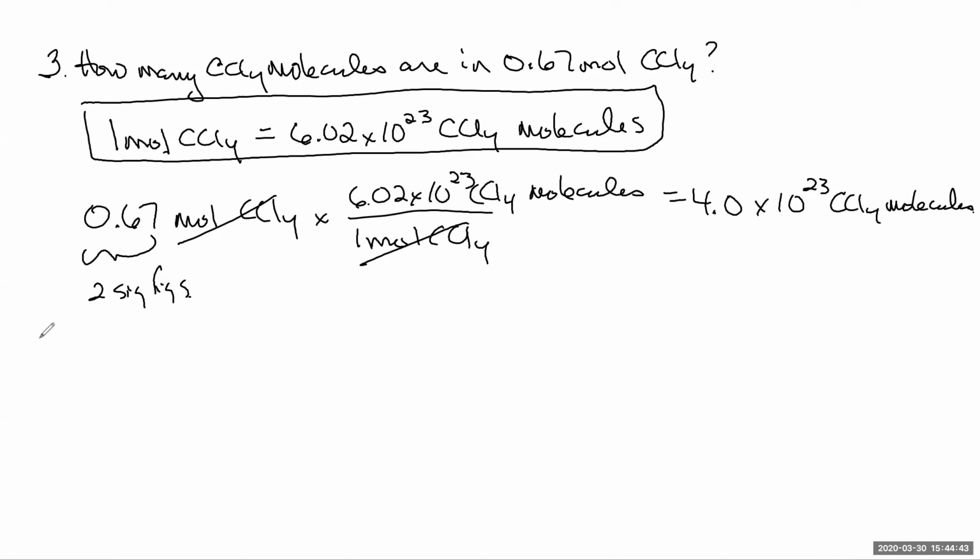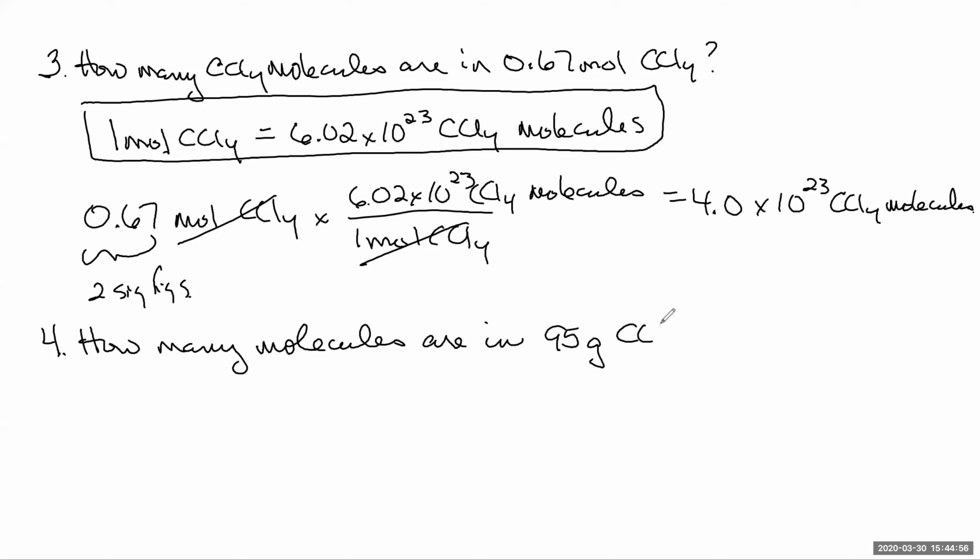So what if I make it a little bit longer? What if I ask you how many molecules are in 95 grams of carbon tetrachloride? Now this problem has the unit of grams in it, and whenever you see grams and number of things, you need to use a molar mass. So this problem is going to require 2 steps.